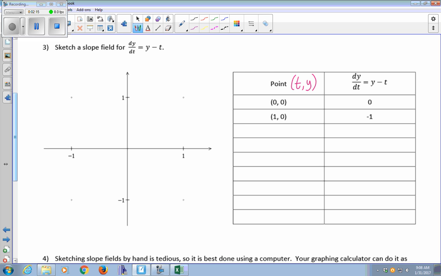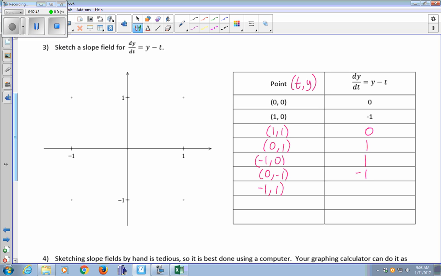So let's pick a few more, like 1, 1. y minus t is 0. How about 0, 1? 1 minus 0 is 1. Negative 1, 0. 0 minus negative 1 is 1. 0, negative 1. Negative 1 minus 0 is negative 1.